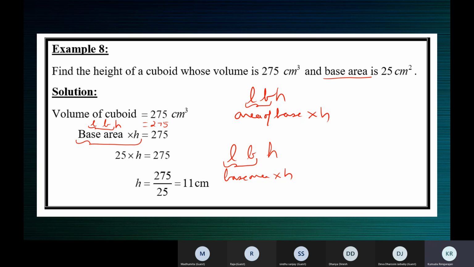When you stack them up, you get a solid, which is a cuboid. So area of the rectangular base into height is the volume. Basically, area into height is volume. The area of the rectangle is L into B. When you multiply that by height, you get the volume of the cuboid.